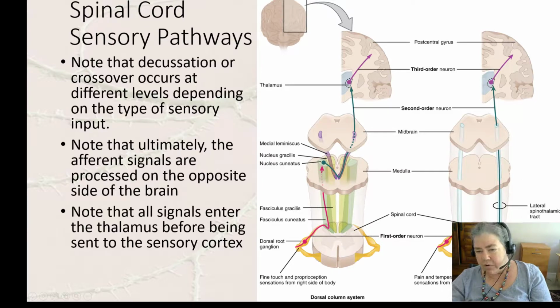So the decussation is quite low down. And what this means is that if you have a spinal cord injury, sometimes you can actually help to figure out the level of the spinal cord injury according to differences in loss of these two different kinds of sensation, fine touch and proprioception versus pain and temperature.